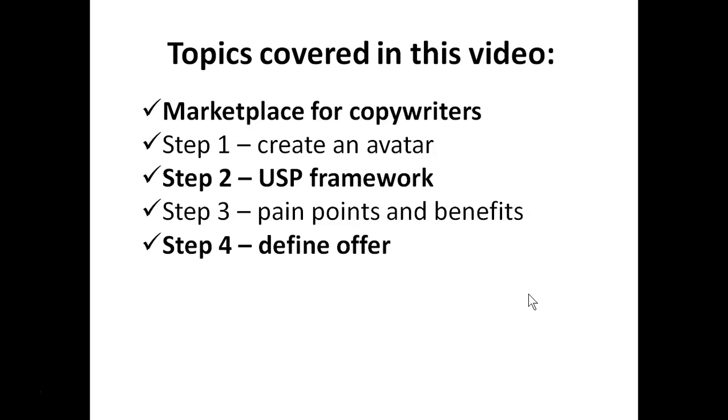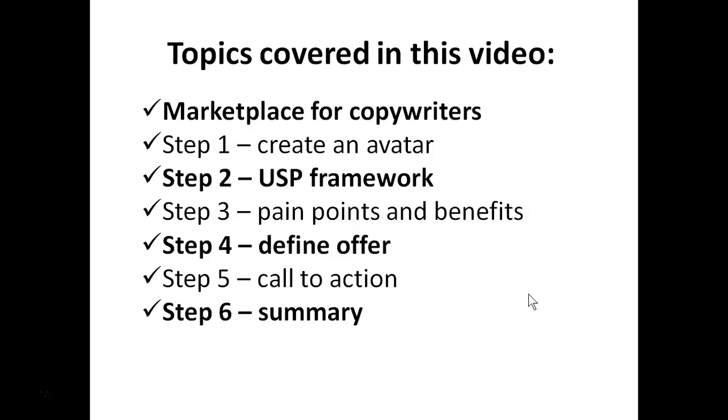And the fourth step, we'll define what offer you'll give to the public. Step number 5, we'll add on a call to action. Very important here. Step number 6, we'll do a summary of what your offer will be like. We'll use that information to generate a script, and we'll further define the definition of your script by using the add-on section. So let's go on to the next step.